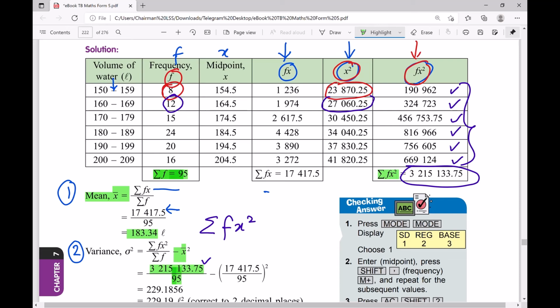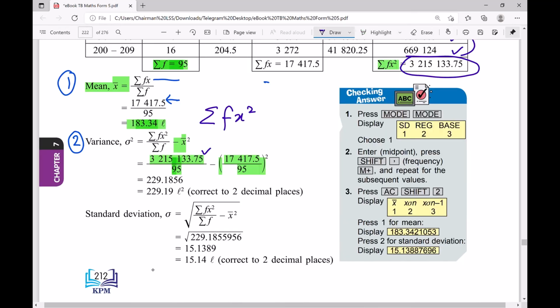Actually, you can use this one, or you just use back this one. I don't use this one anymore. I just take this one.